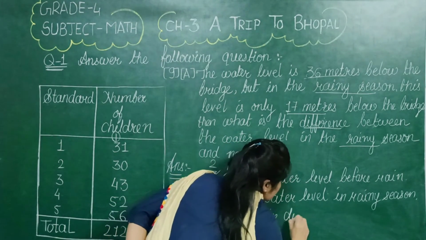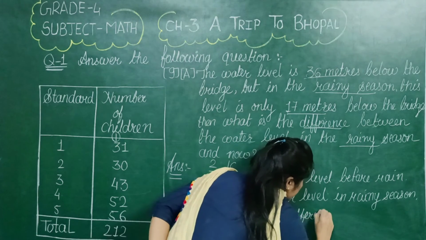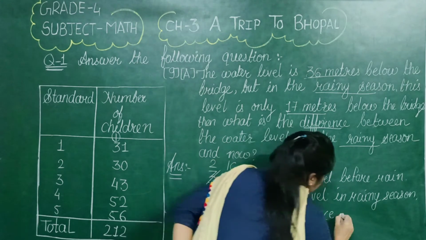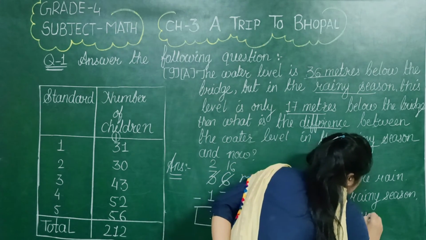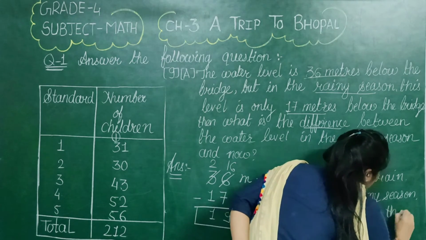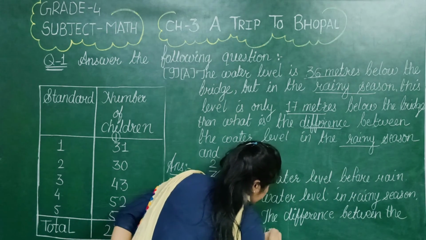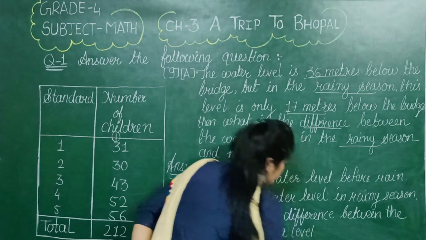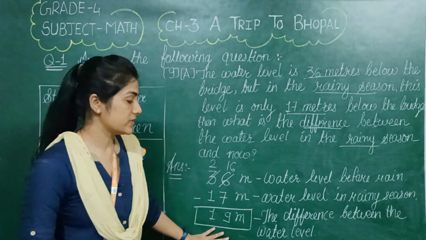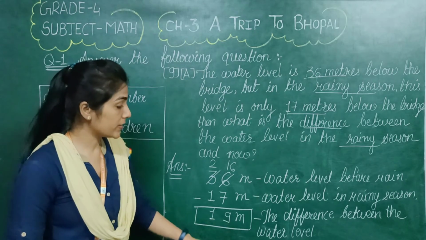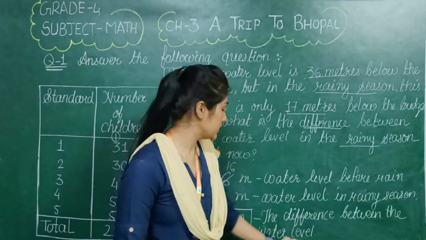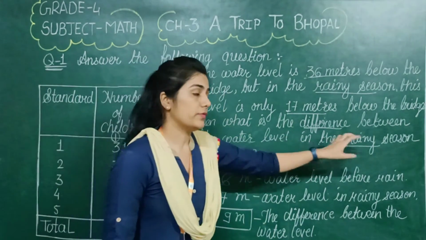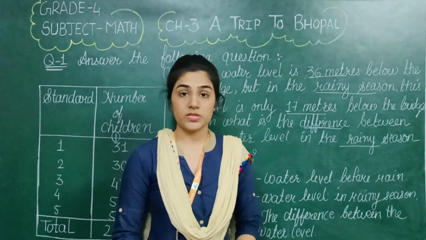You can also write it this way: the difference between the water level in the rainy season and the now. This is also correct.